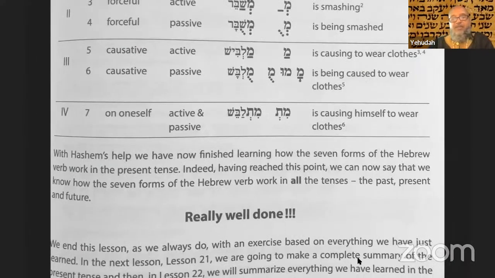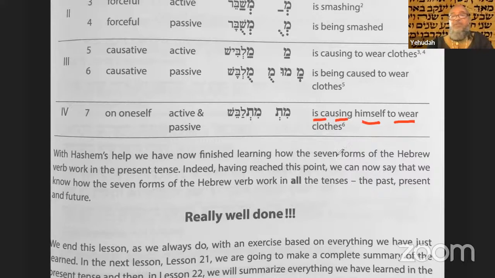If you notice that the information they give out here is causing, because remember, action is you doing something, right? So it's causing himself to wear clothes. I know it's weird how they're framing it, but how do you mean I'm causing something? I'm causing something to be done on oneself.